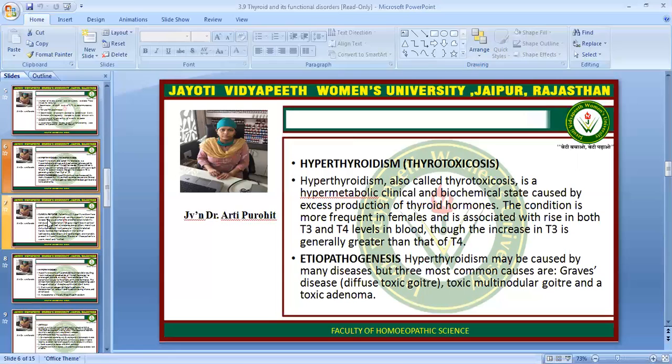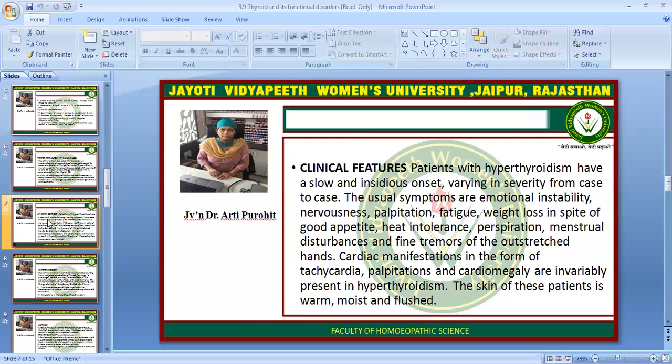The condition is more frequent in females and is associated with rise in both T3 and T4 level in blood, though the increase in T3 is generally greater than that of T4. The etiopathogenesis: hyperthyroidism may be caused by many diseases, but three most common causes are Graves' disease, that is diffuse toxic goiter, toxic multinodular goiter, and toxic adenoma.